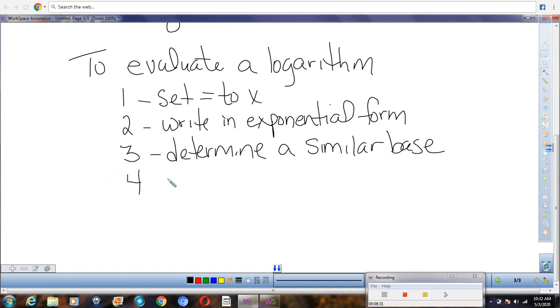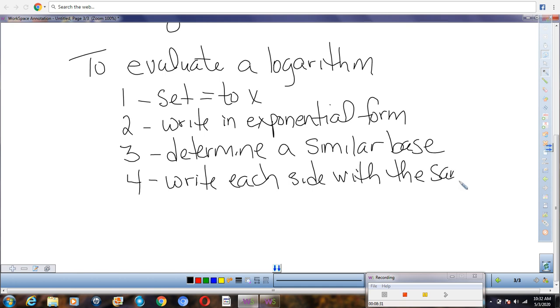Step 4, you want to write each side with the same base. Step 5, once you have those bases the same, you're going to set your exponents equal to each other.